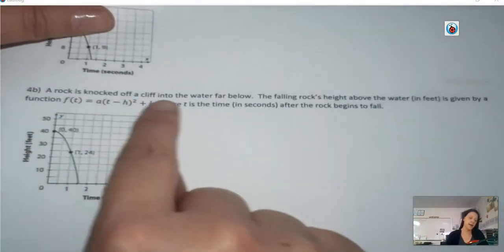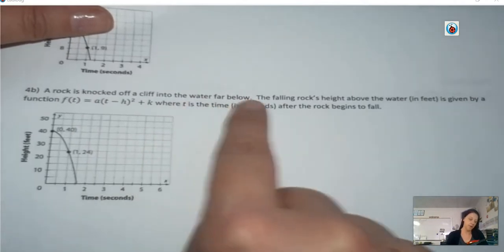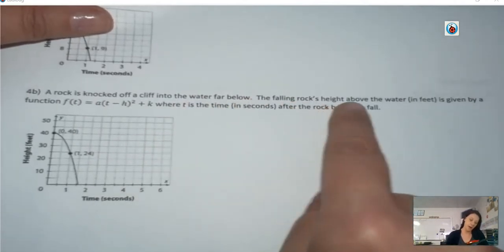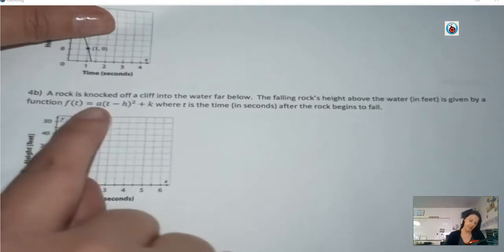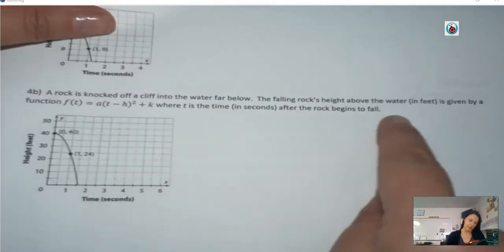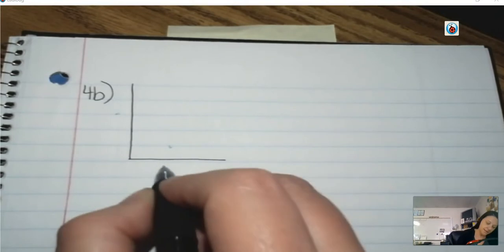A rock is knocked off a cliff into the water far below. The falling rock's height above the water in feet is given by this function, where t is time in seconds after the rock begins to fall. So go ahead and do a sketch of this graph. This is time in seconds, and this is the height in feet.